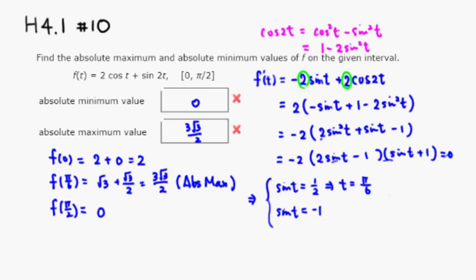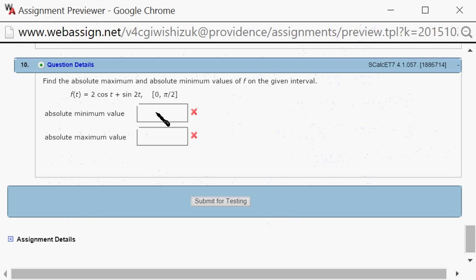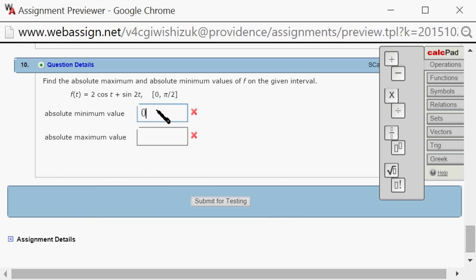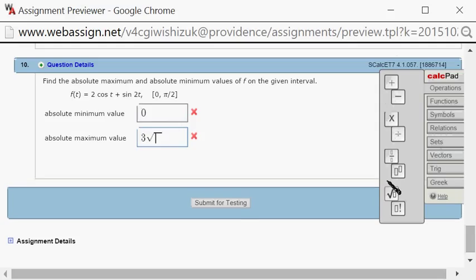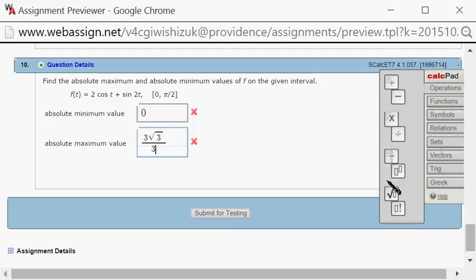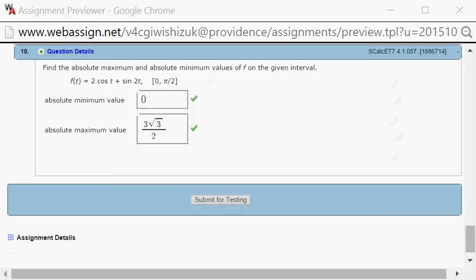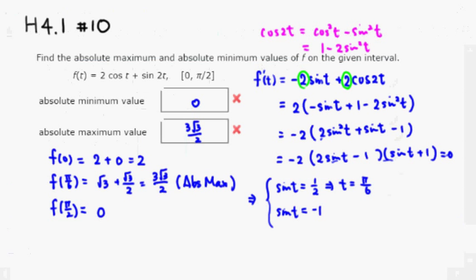So let's type it in. The absolute minimum value is 0, and the absolute maximum is 3 square root of 3 over 2. Let's check the answer. It came back and looks like we got this one correctly. That's it. I hope that this was clear.